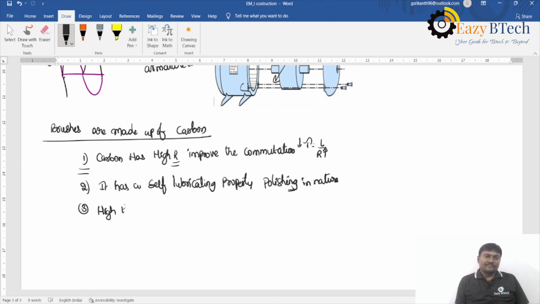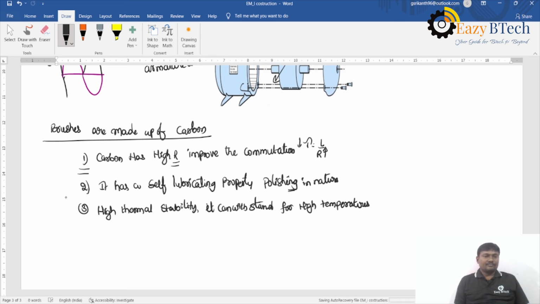And one more thing, it has high thermal stability. That means it can withstand higher temperatures also.